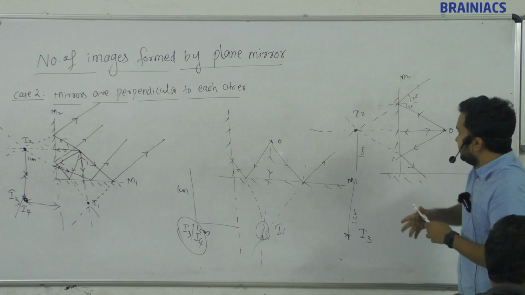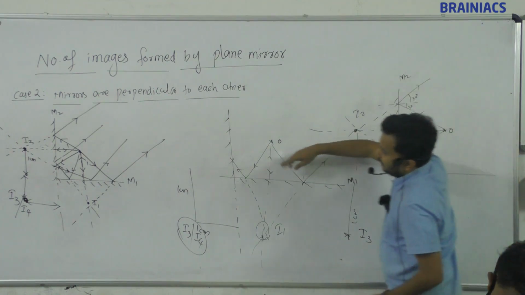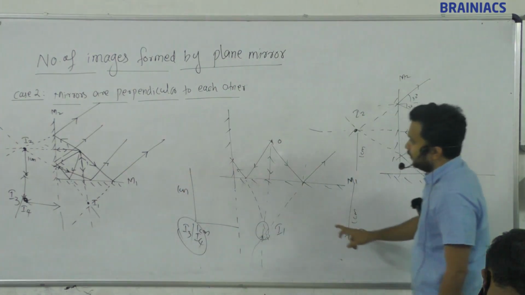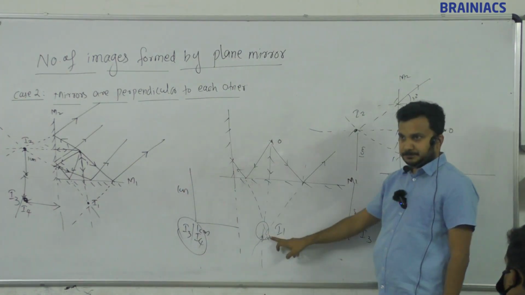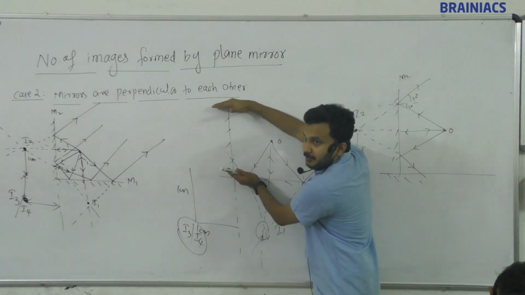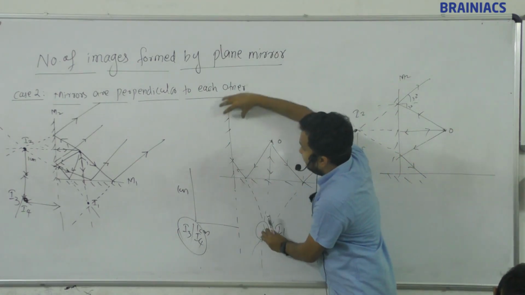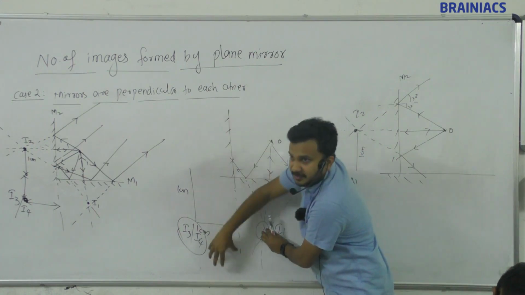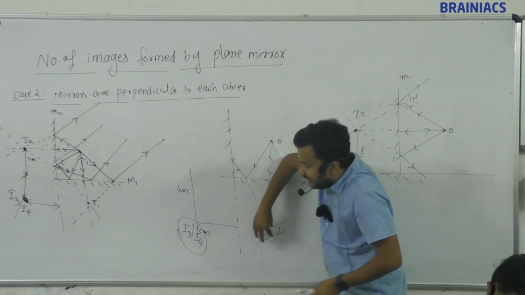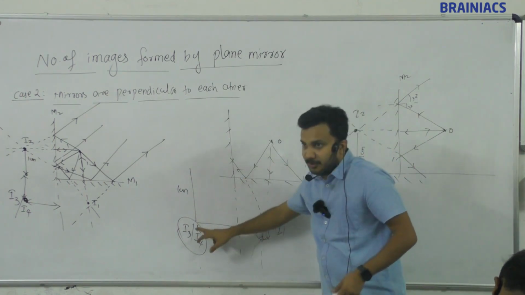For making my calculation, I know for this image, I1 will act as an object for M1. Because I1 will be here and this mirror will be here, so this can be easily placed as an image. To make things easier, I am drawing it here.